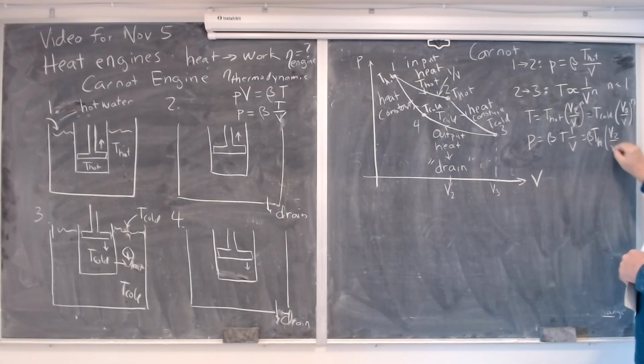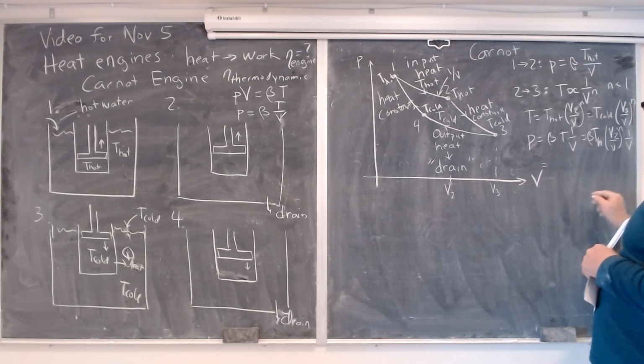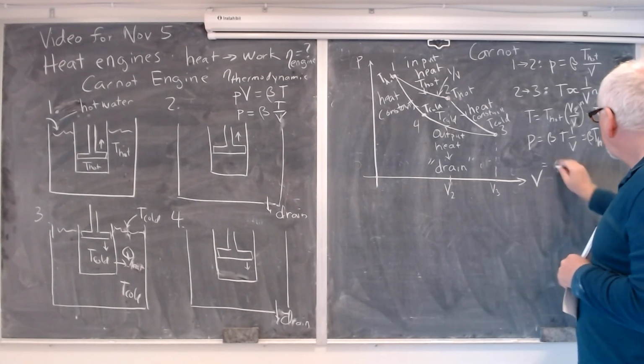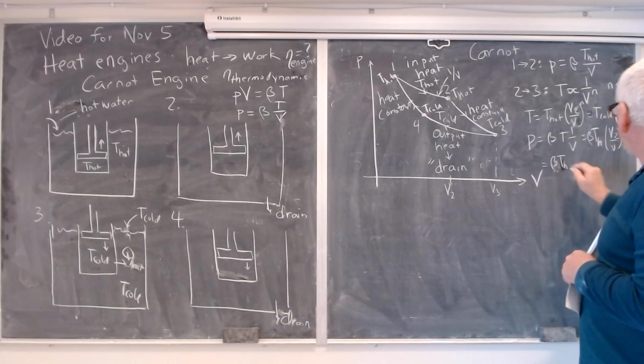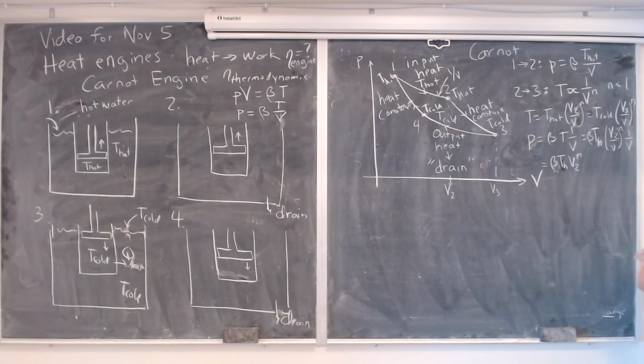V2 over V to the n, 1 over V. So if you think about that then, I can bring out beta T hot V2 to the n, 1 over V to the n plus 1. Right, because there's V to the n there.